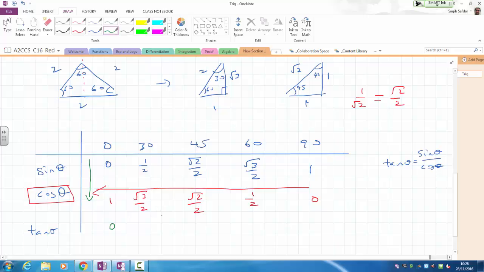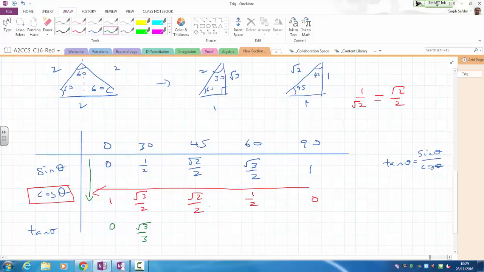Half divided by root 3 over 2? Remember, half divided by root 3 over 2 is half times 2 over root 3. The 2's cancel, giving root 3 over 3.